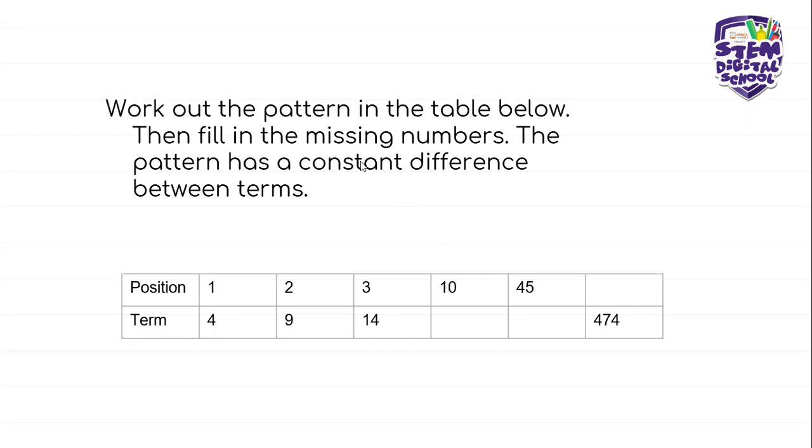How do we use the constant difference to find the missing term? Let's go to position 10. You can see that at position 10, we have a missing value. What will be the value of this term corresponding to position 10? And how do you find it? Is there anyone who wants to attempt?